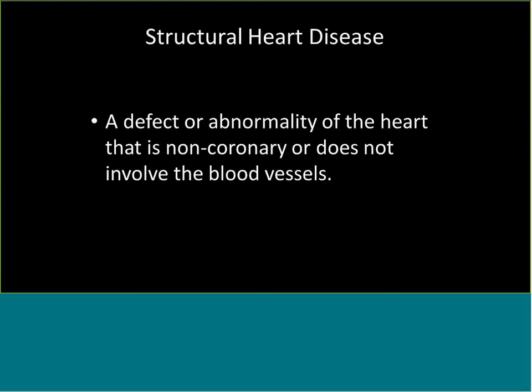Structural heart disease can include congenital abnormalities. Basically, it's a defect or abnormality of the heart that is non-coronary and doesn't involve the blood vessels. So on our structural heart team, we're dealing with the valves, any abnormalities of the chambers of the heart, things involving our coronary arteries.